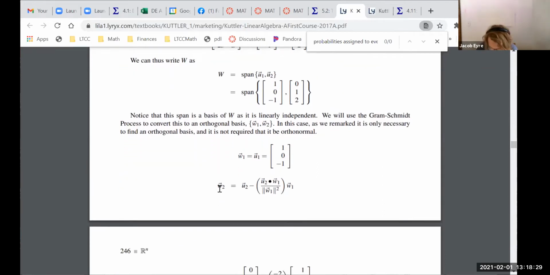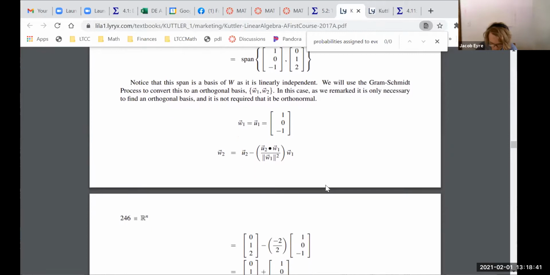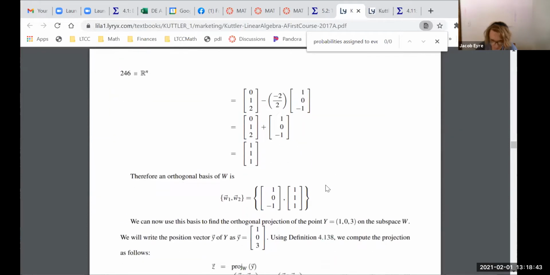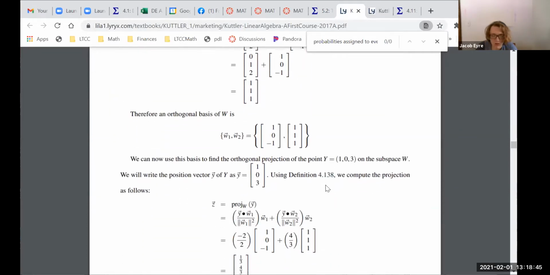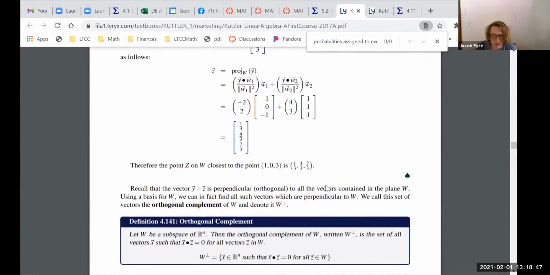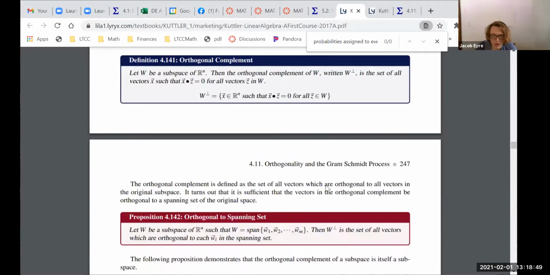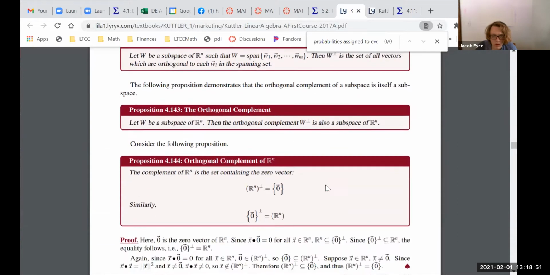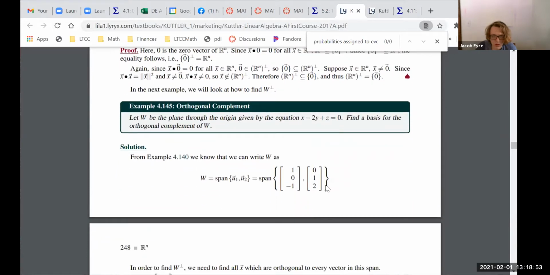So what you do is you say, we take W1 equals U1, W2 equals U2 minus U2 dot W1 over W1 squared times W1. Okay, that's to get the orthogonal basis. But then the complement, it's in there somewhere. I'm looking for it. Here we go.